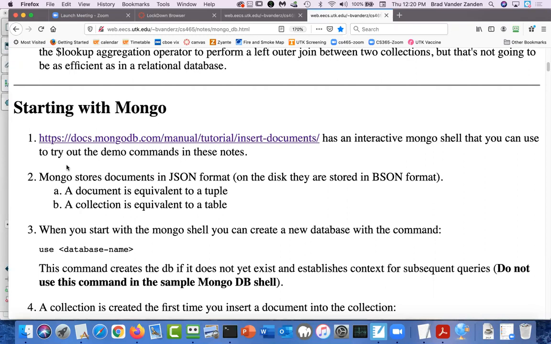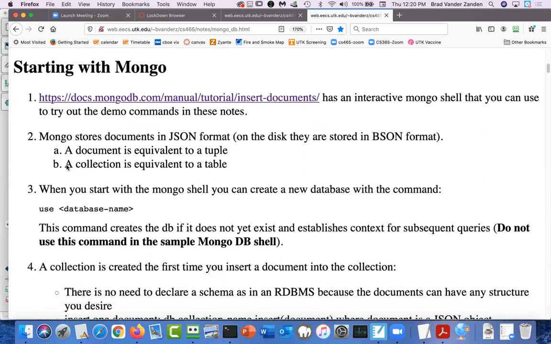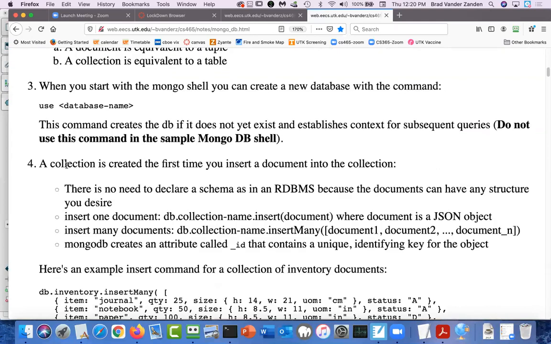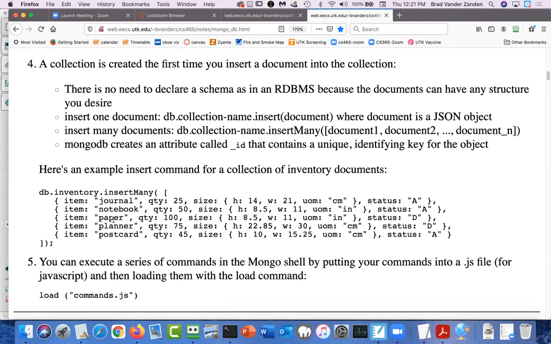Instead of there being an after class activity, I'd like you to go through this document and just experiment with the queries. I've shown you a variety of ways that you can create documents and do queries.